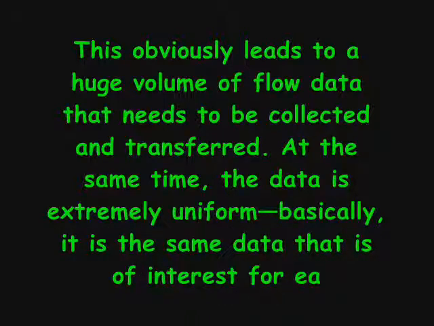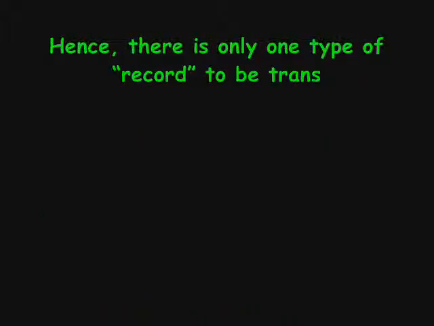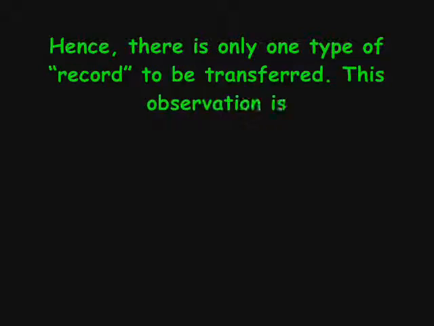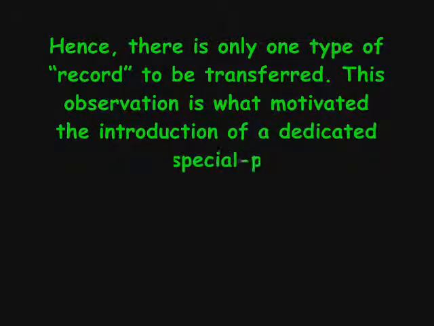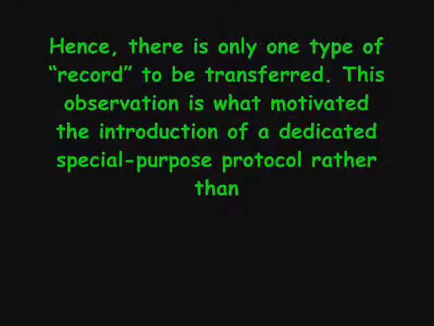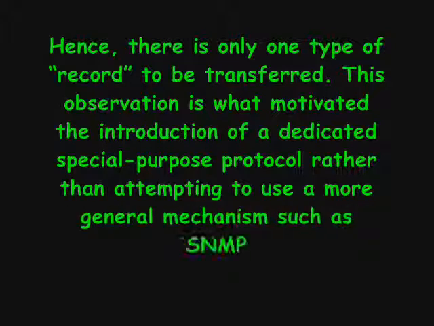Basically, it is the same data that is of interest for each flow. Hence, there is only one type of record to be transferred. This observation is what motivated the introduction of a dedicated special-purpose protocol rather than attempting to use a more general mechanism such as SNMP or syslog.